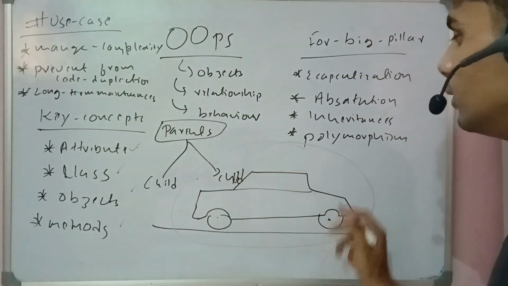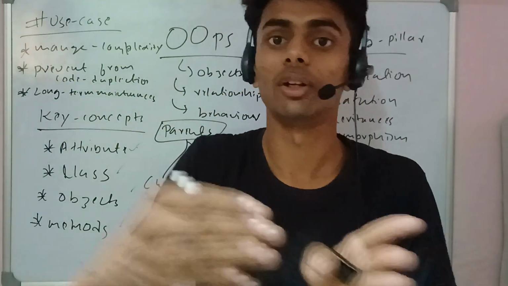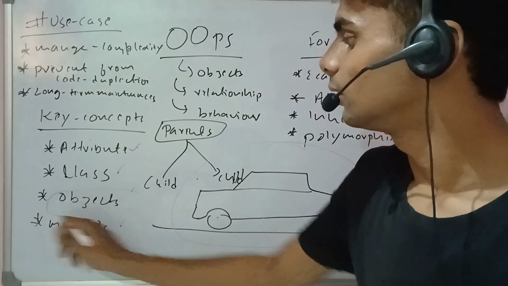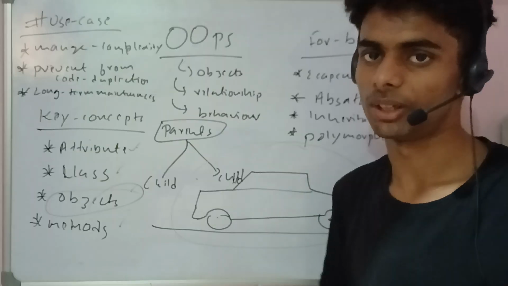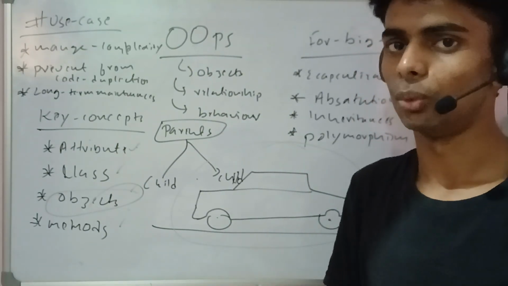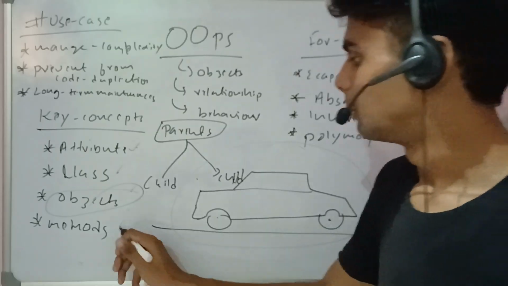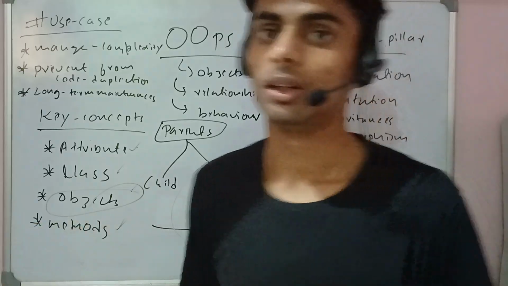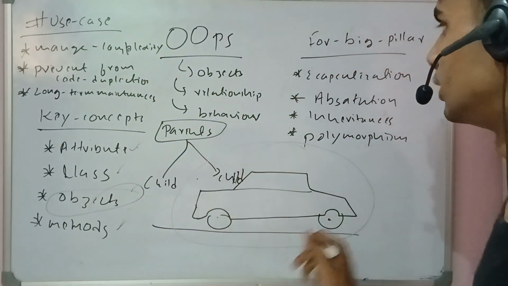The class is a little more specific: a Honda, a specific car. The object is the car, and Honda is a specific car. This is the parent, which has the shared features of both the car and the Honda. Methods are how you drive, accelerate, and brake when driving a car. That's the key concept here.